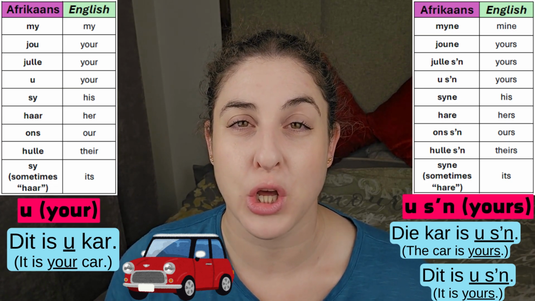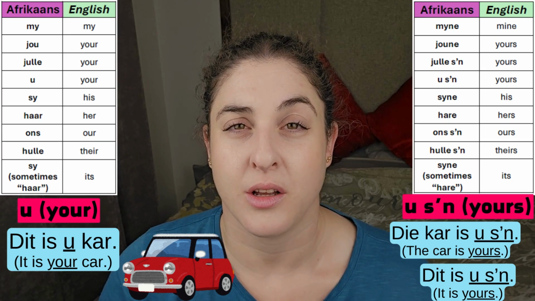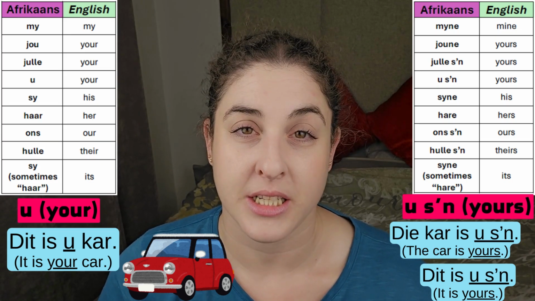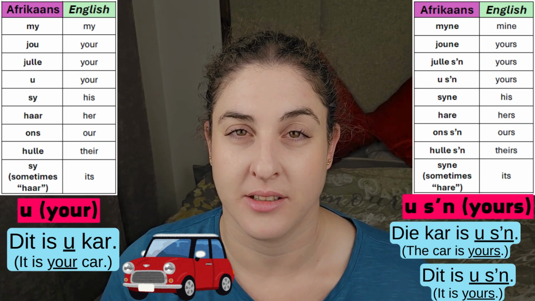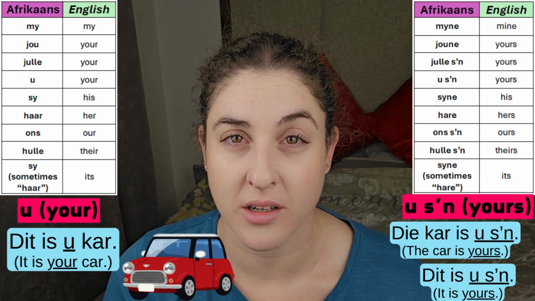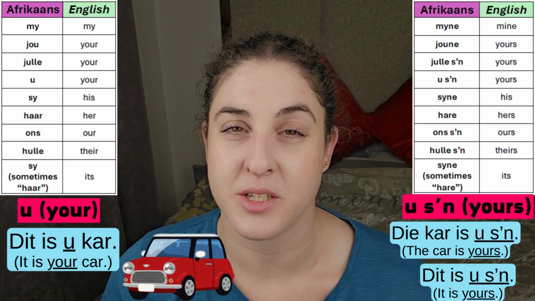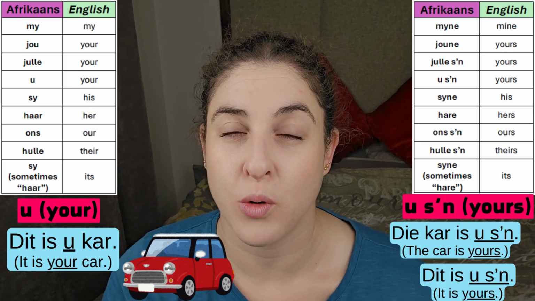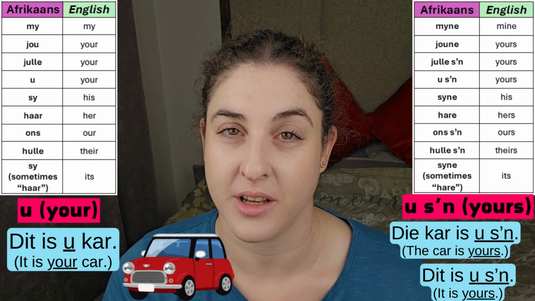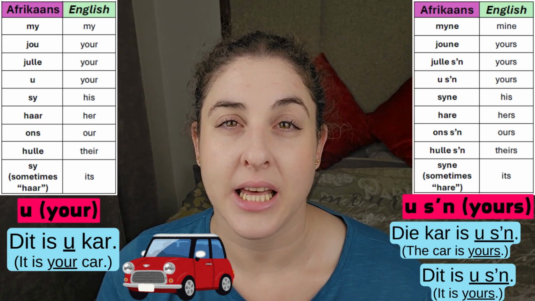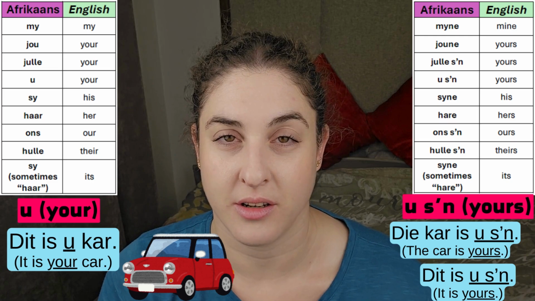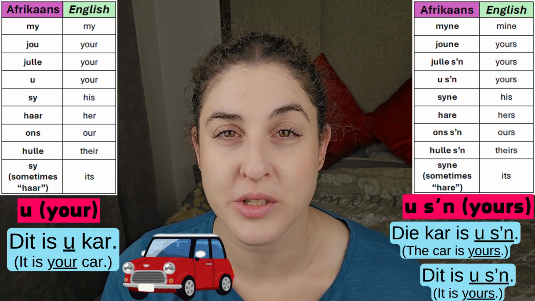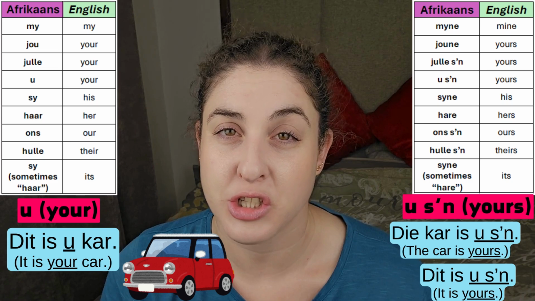So here we have "u", which is still your, and "dit is u kar." It is your car. And then moving on to the next side, this one also has the "sin", "u sin", and that is yours in the honorific. And the example, "die kar is u sin." The car is yours. Or just simply, "dit is u sin."